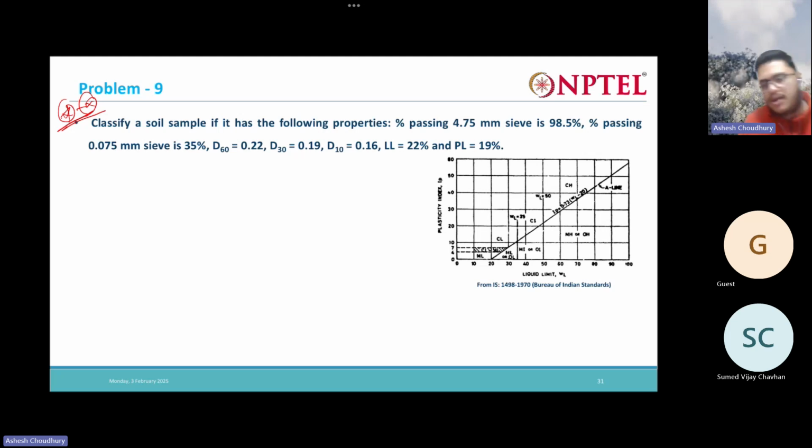First decide whether the soil is a fine grained soil or a coarse grained soil. That you tell me. Fine grained soil or coarse grained soil?